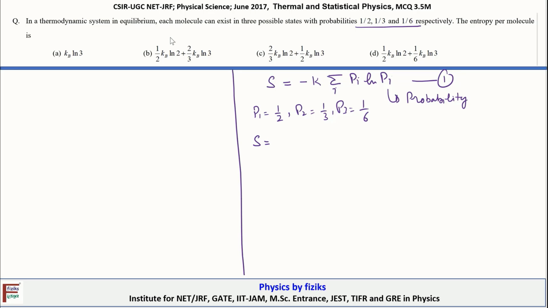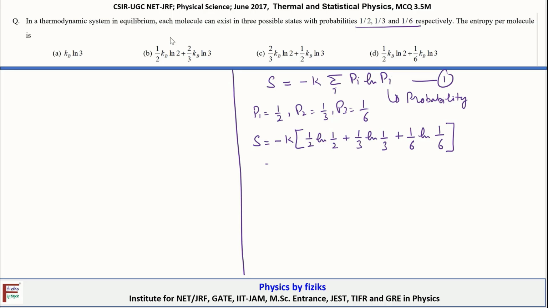So S will have three different terms corresponding to P1, P2 and P3. S is equal to minus K, P1 ln P1, where P1 is 1 by 2, ln 1 by 2, plus P2 which is 1 by 3 ln 1 by 3, plus P3 which is 1 by 6 ln 1 by 6.